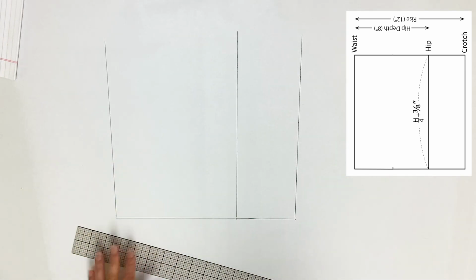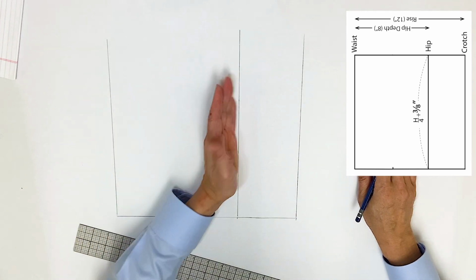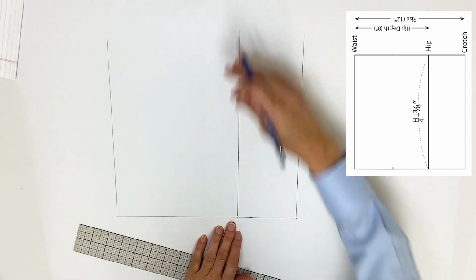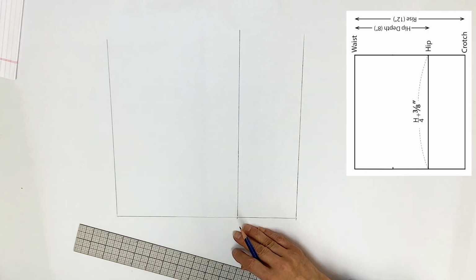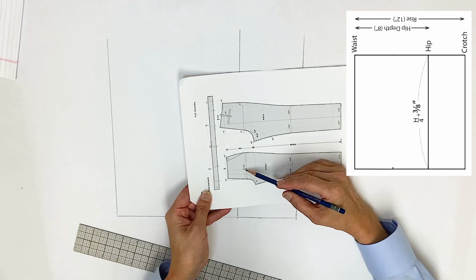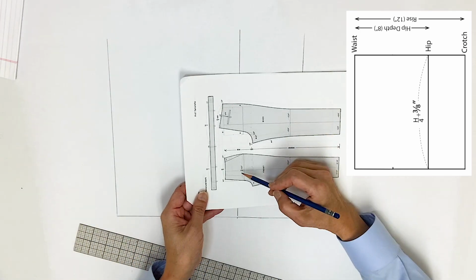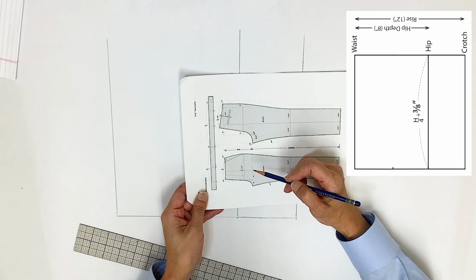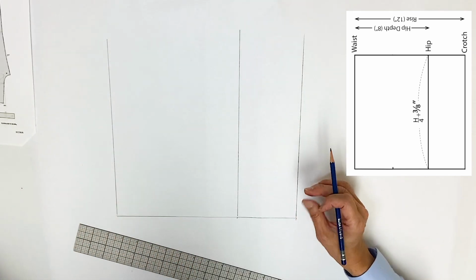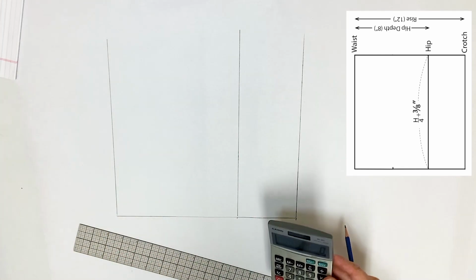All right. So once you have the waist, hip, and crotch, the next thing is that you mark the width of the pants. Here you have the formula: hip divided by 4, because we're drafting a quadrant, plus 3/8 inch.